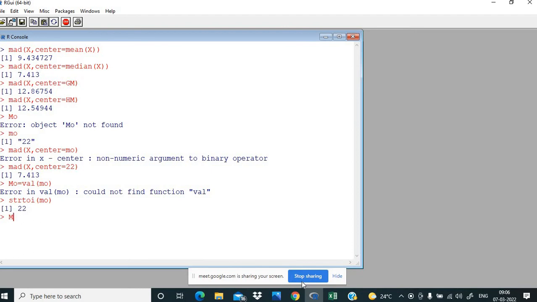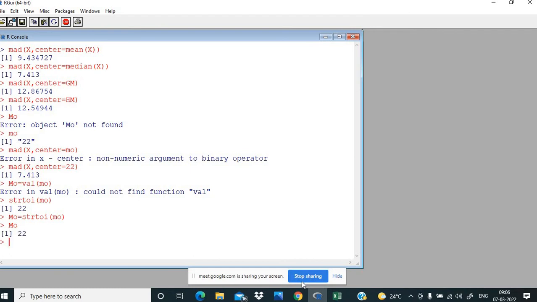Now I can tell that mode equal to strtoi. Today while taking the class I learned something new. See, this is the benefit of teaching. So this is M0. Okay, and now the value of mode is stored in capital M0, and now it is 22.